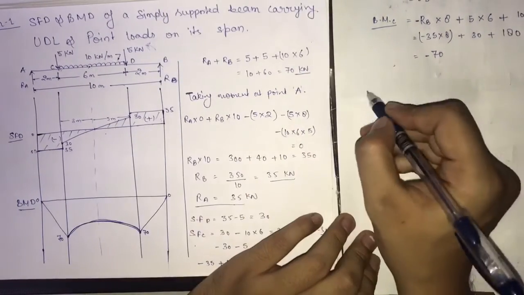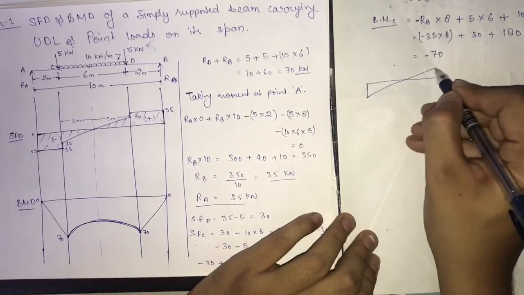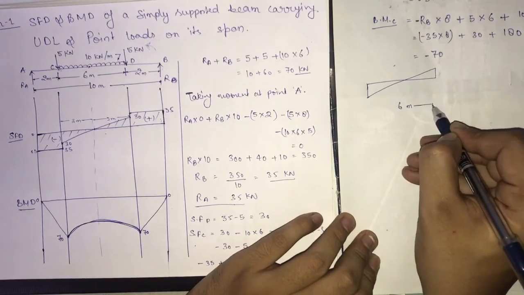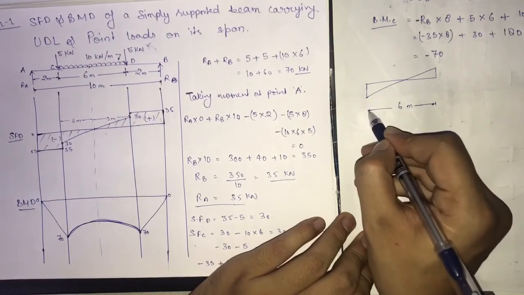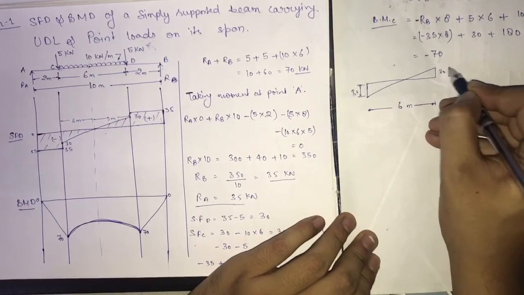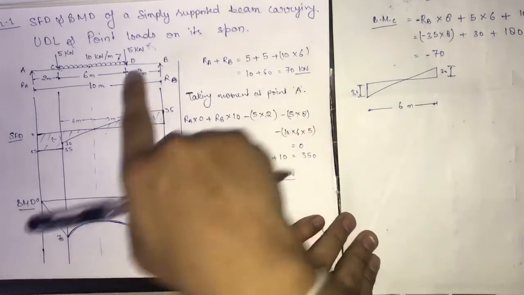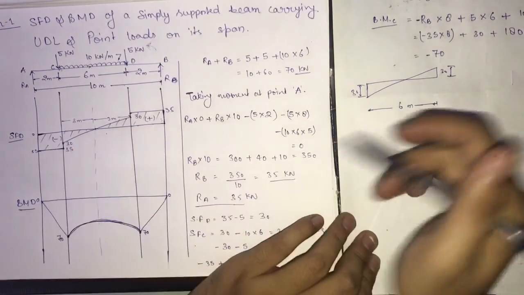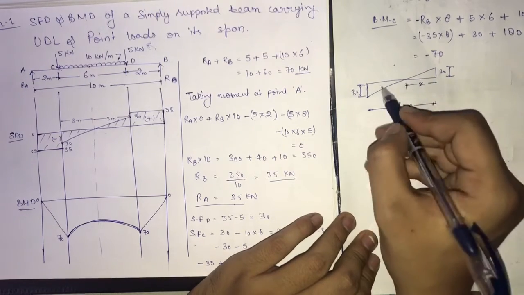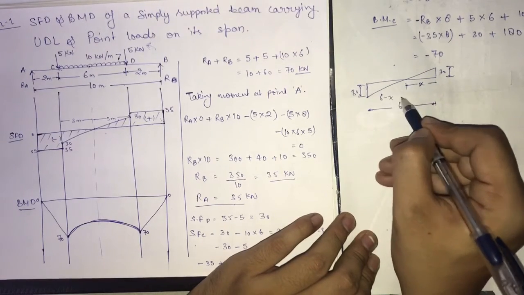As we know, this is a similar triangle, and this complete span is 6 meter. It is 30, and it is also 30. Let's take this point as x, and this will become 6 minus x.